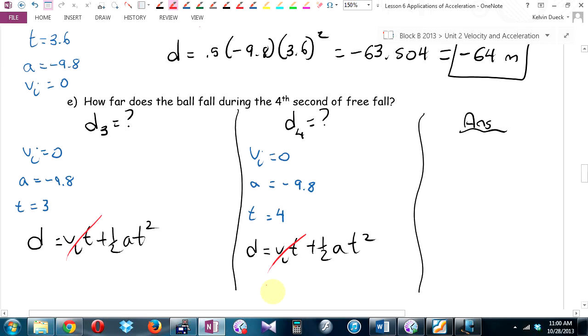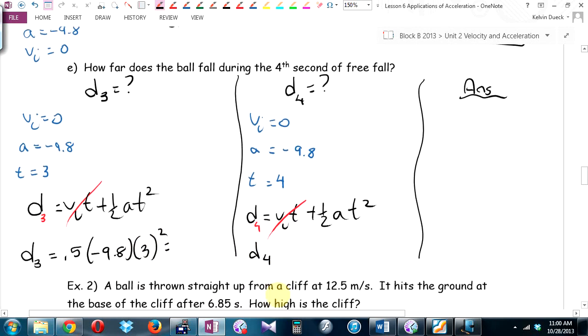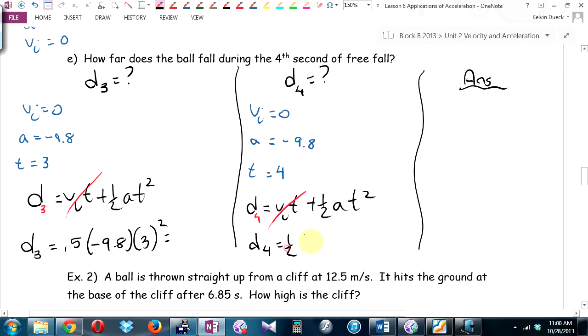Distance 3 is going to be a half times negative 9.8 times 3 squared. Distance 4 is going to be a half times negative 9.8 times 4 squared.